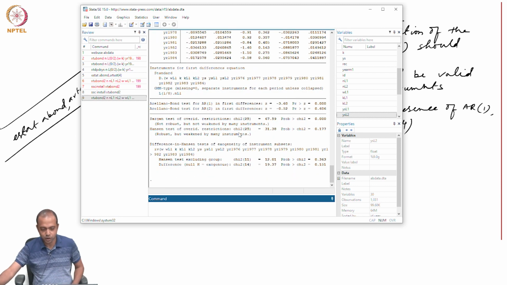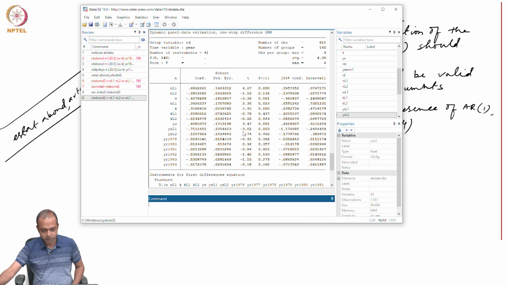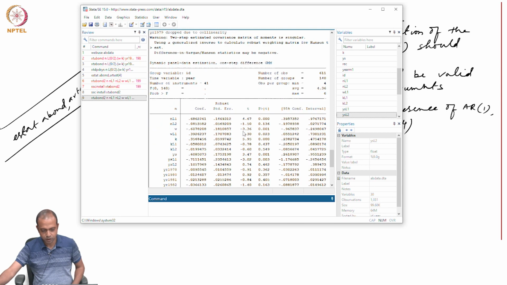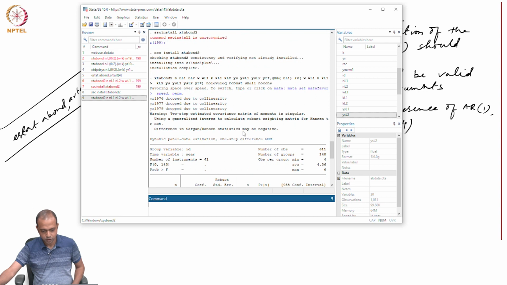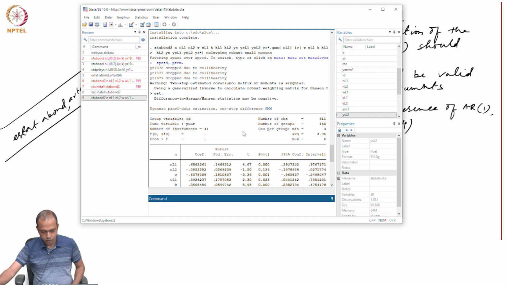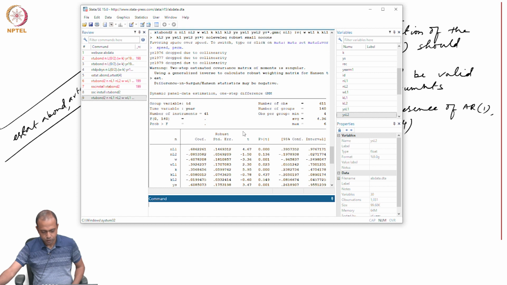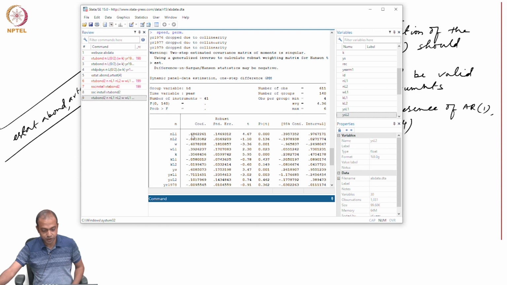Now, look at, I got the same estimates. So, this is basically the difference GMM, but you see in the difference GMM the coefficient is 0.68, that means it is still lower than the lower limit of 0.73. The lower limit was specified by the fixed effect model.